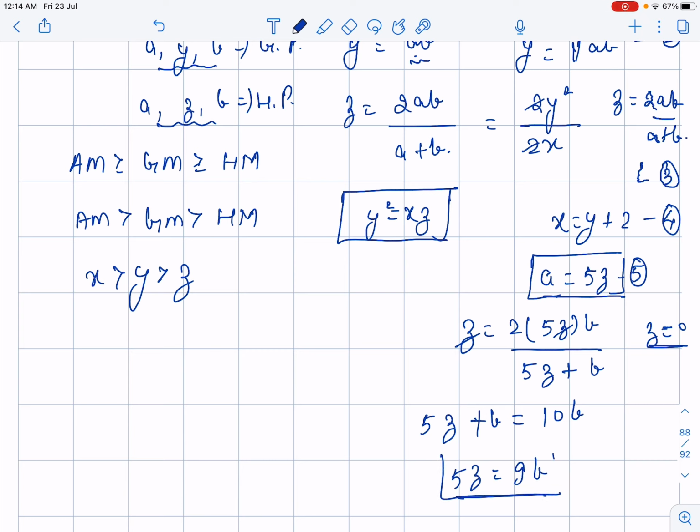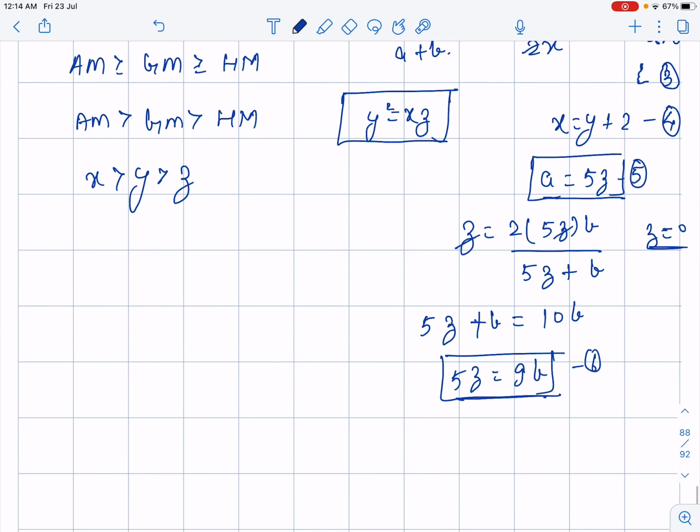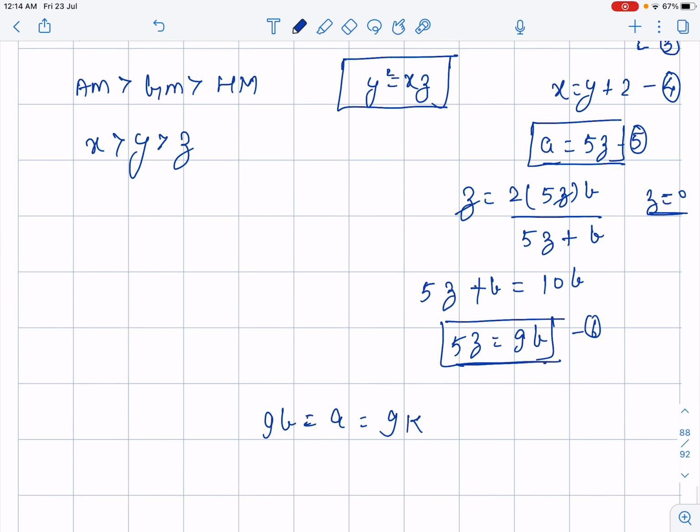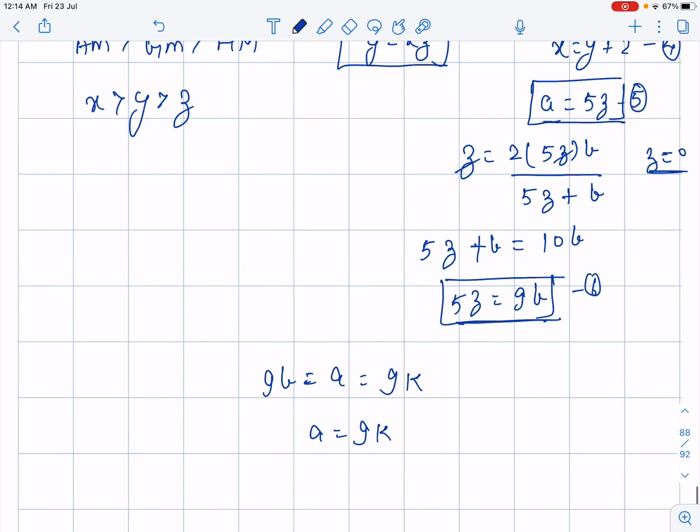Now guys, let us suppose this is our sixth expression. From fifth and sixth, 5z is equal to 5z, that means a is equal to 9b. And if two numbers are equal, let us assume they are equal to 9 times k, so the value of a will be 9k and the value of b will be k over here.